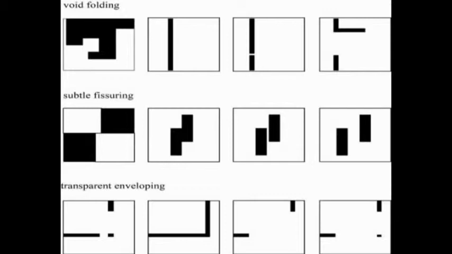The first one is void folding. It's like when you want to create a void by a plane, you have to cut it from the middle first and fold it maybe inside the building.